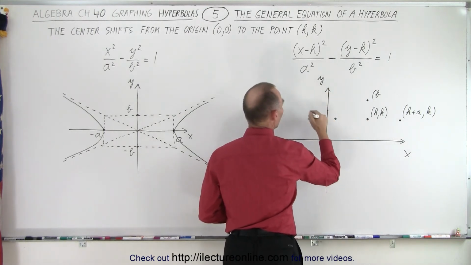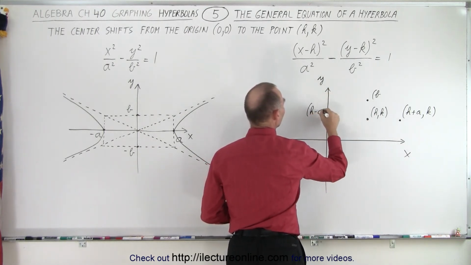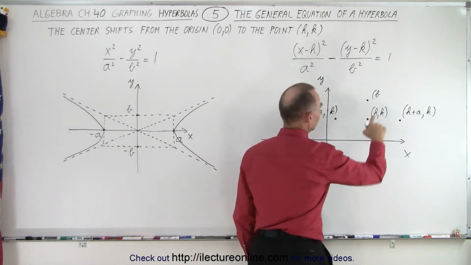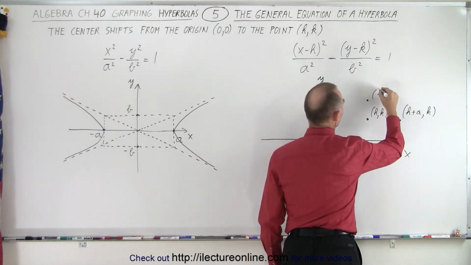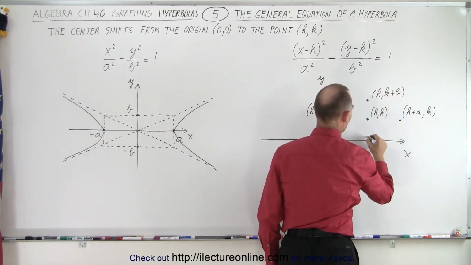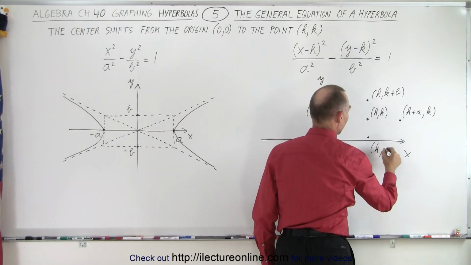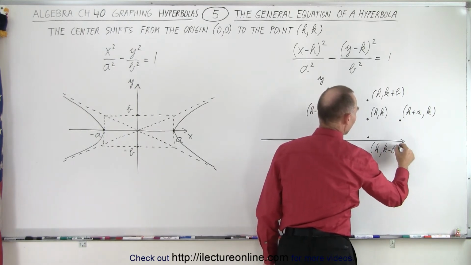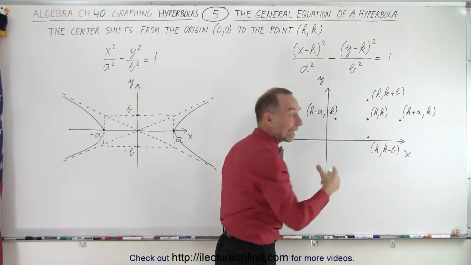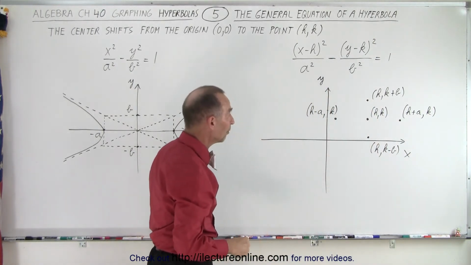And here we have the point h minus a comma k, and that's the left point. Over here, let's write this as h comma k plus b, and over here we'll have the point h comma k minus b. So we add b, subtract b, add an a, subtract a from the x and the y value of that point.